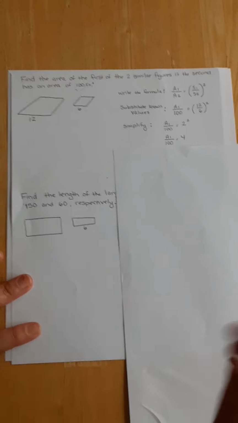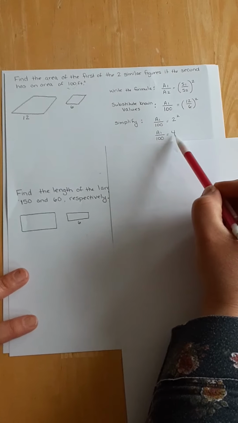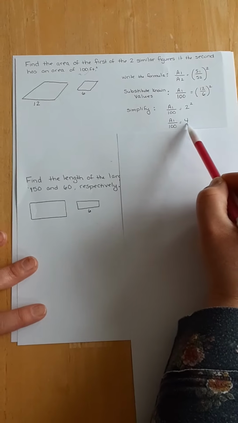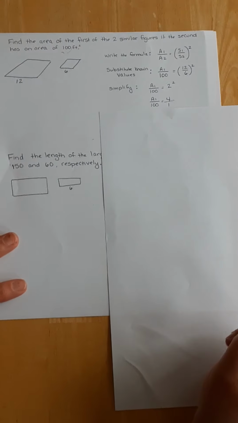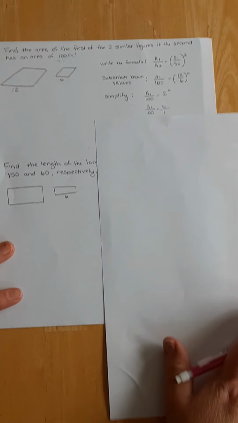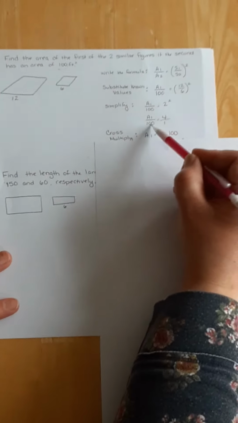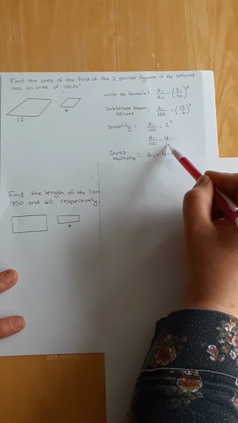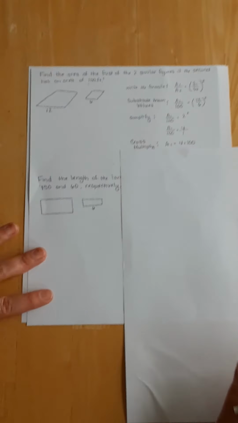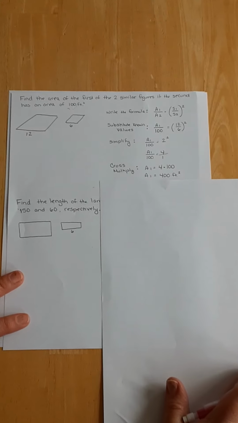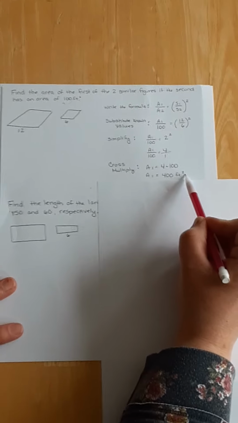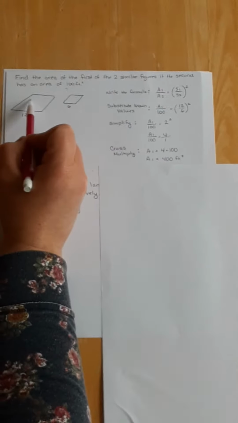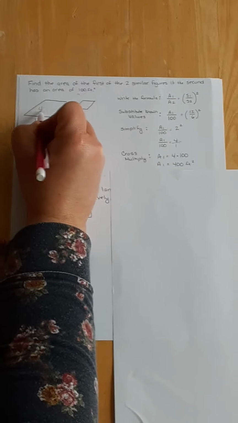So I end up with A1 over 100 equals 4, or 4/1. Now we're going to go ahead and cross multiply. We're going to go 4 times 100 equals 1 times A1. Do the math here, and we get our answer to be 400 feet squared. That is the area of this first figure. So this one's 400.